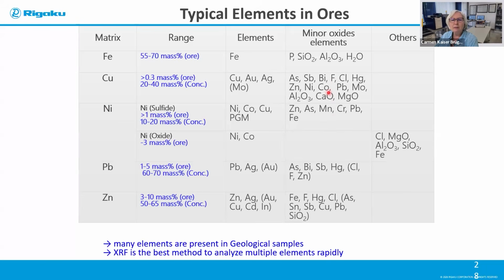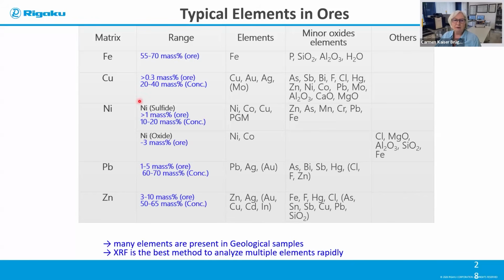So why is it important for us to look at the matrix of the material? So yes, the sample could be rich in copper, but the problem is that we have other coexisting elements within that ore body, and of course these coexisting elements will influence each other, and so therefore we need to use matrix corrections in XRF.